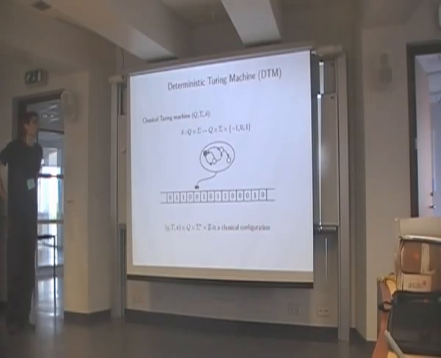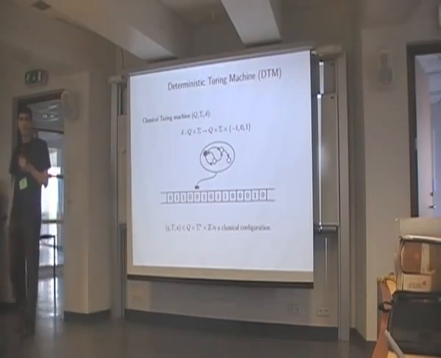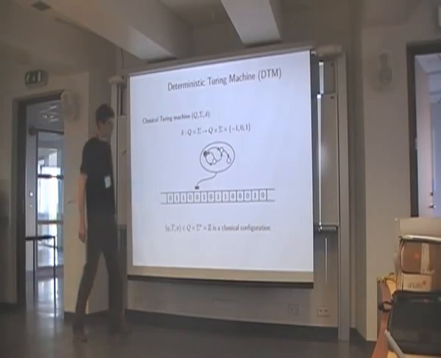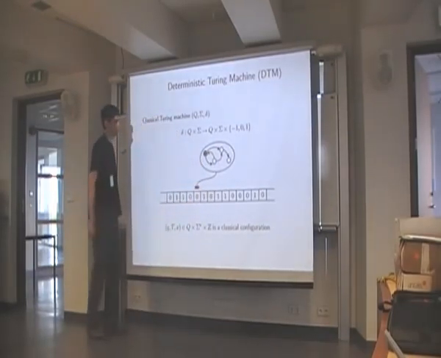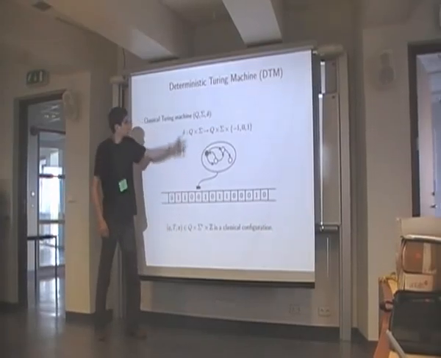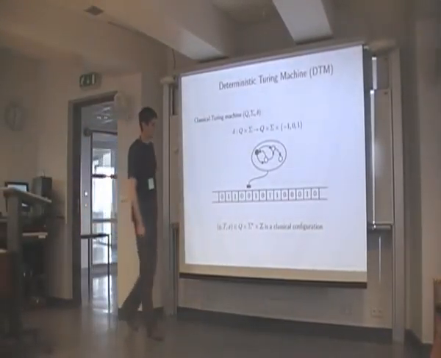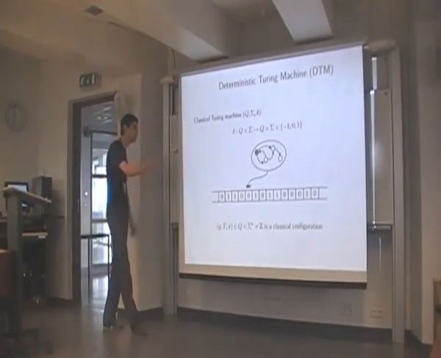Let me start with the very beginning, the deterministic Turing machine. I think that everybody knows what a deterministic Turing machine is. This is the machine. You have the tape with a word, which comes from a finite alphabet sigma. You have the read and write head of the computation, which is able to read, write and move.